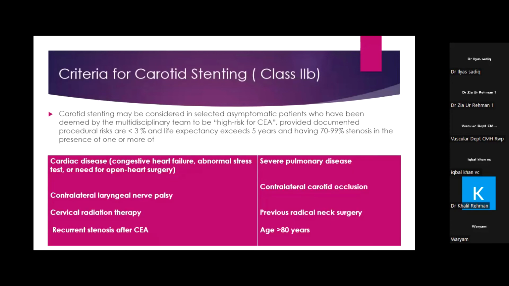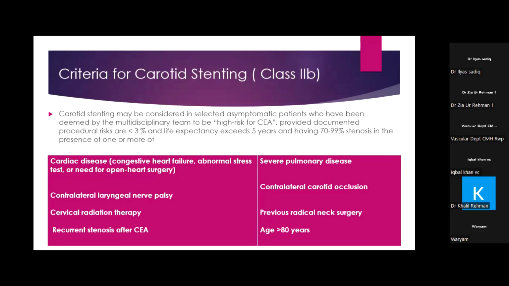Criteria for carotid stenting: carotid stenting may be considered in selected asymptomatic patients who have been deemed by the multidisciplinary team to be at high risk for carotid endarterectomy, provided documented procedure risks are less than 3% and life expectancy exceeds 5 years, and having 70 to 99% stenosis in the presence of one or more of the following: cardiac disease such as congestive heart failure, abnormal stress test, or need for open heart surgery.